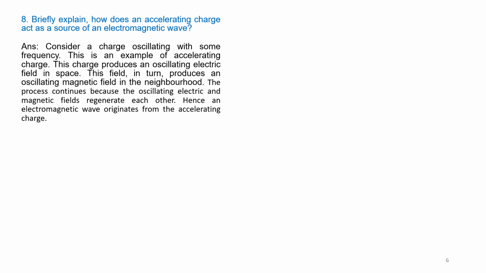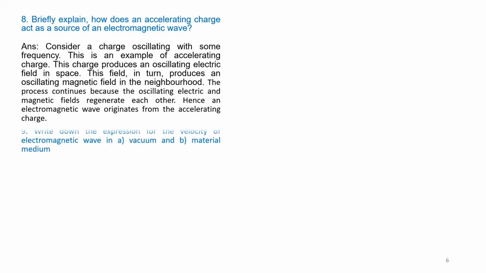This charge produces an oscillating electric field in space. This field in turn produces an oscillating magnetic field in the neighborhood. The process continues because the oscillating electric and magnetic fields regenerate each other. Hence, an electromagnetic wave originates from an accelerating charge.